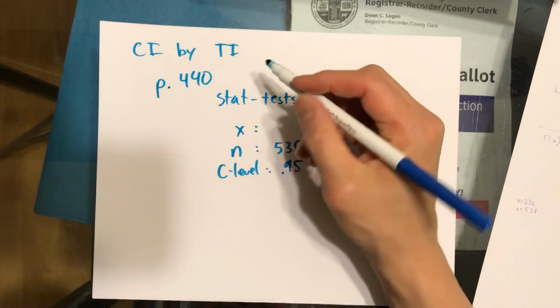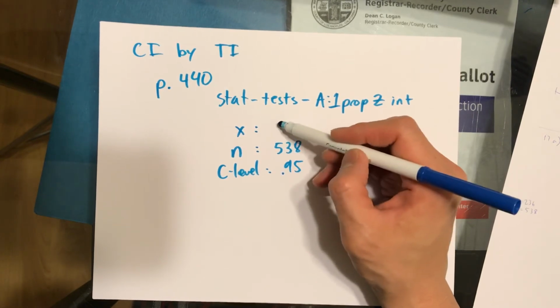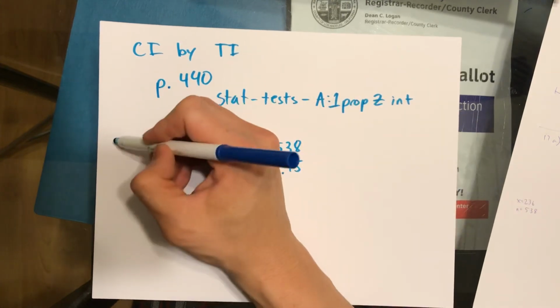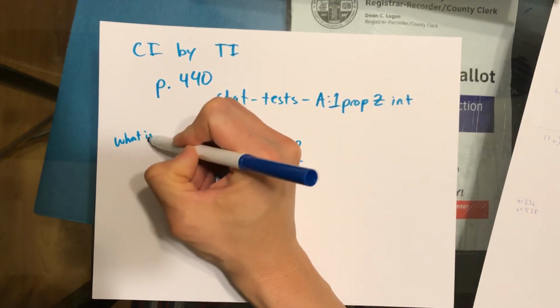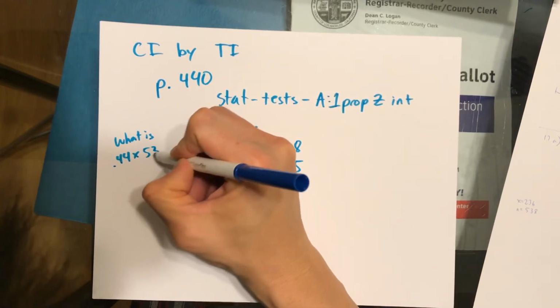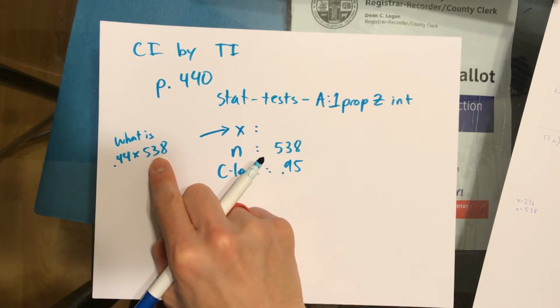Okay. However, you don't know the x. They don't give it to you anywhere. It is not 0.44. 0.44 is your p hat, okay? So what they want you to calculate, really, for this question is, what is 0.44 times 538? What is 44% of your sample, 538?